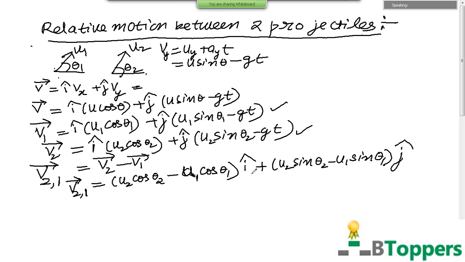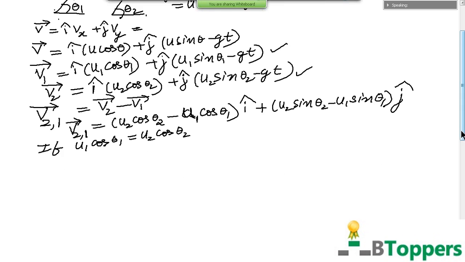So you can observe two more special cases in this discussion. Suppose the two projectiles have equal velocities in the horizontal direction, that means u1 cos theta 1 is the same as u2 cos theta 2. Then the x component of the relative velocity between the two projectiles becomes 0.